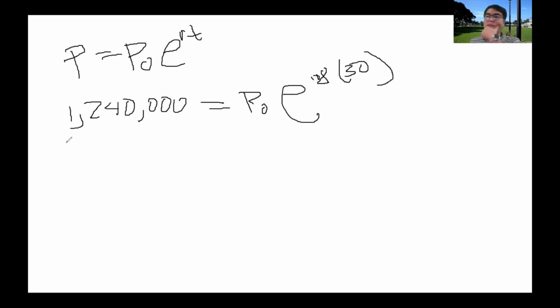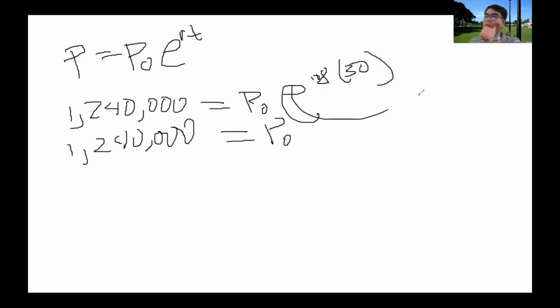Let's solve this one: e raised to 0.08 times 30, which is equal to 2.4.